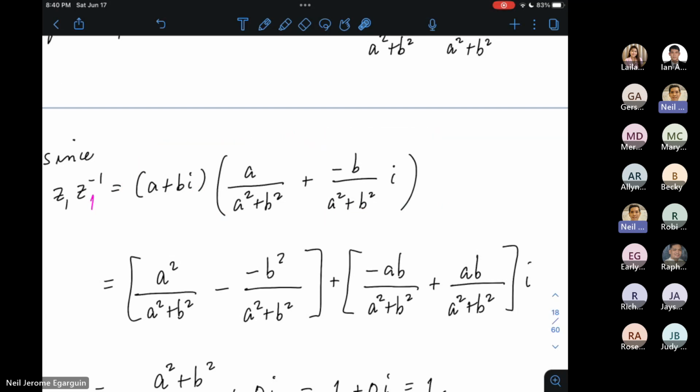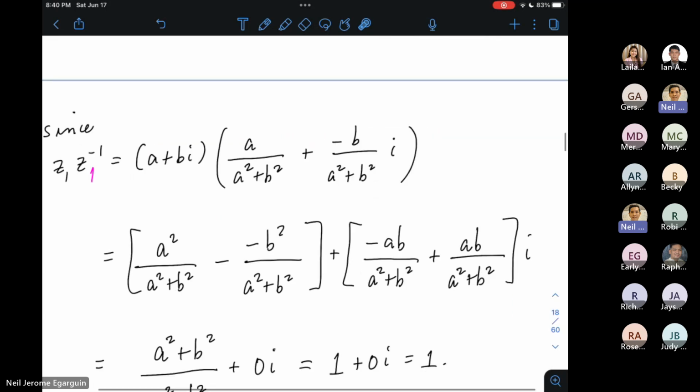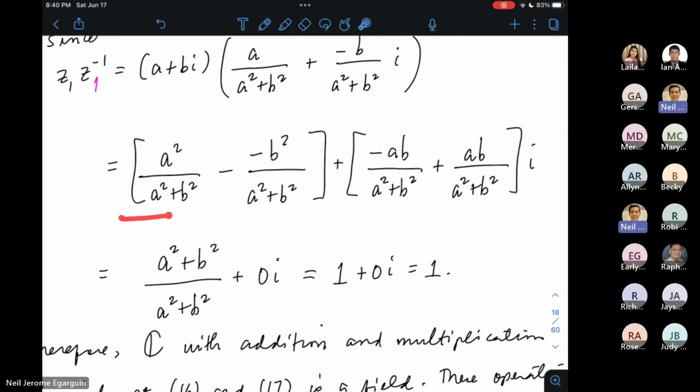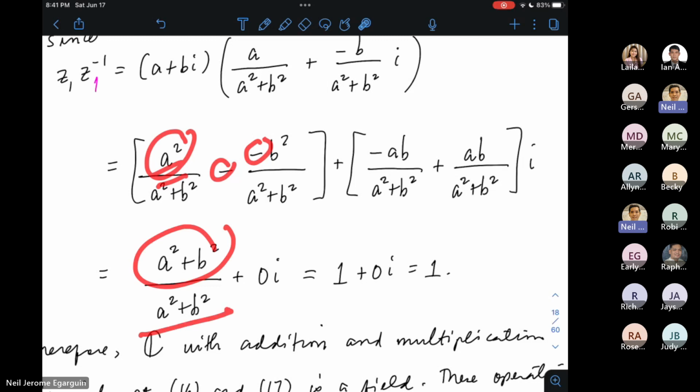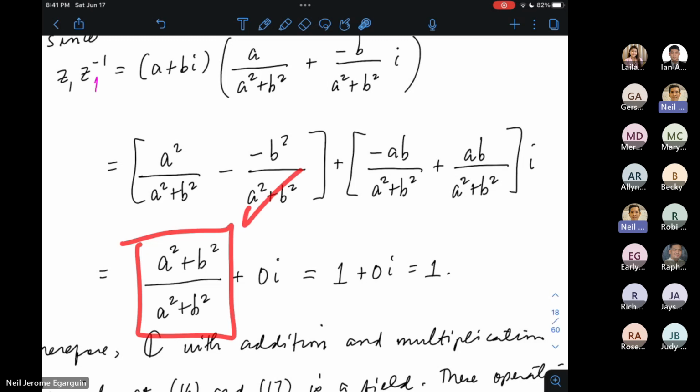Alright? Apply formula 17. When you apply formula 17, this is what you get. But this would be A squared minus minus, so you'll get A squared plus B squared all over A squared plus B squared. That's how you got this when you simplify it.